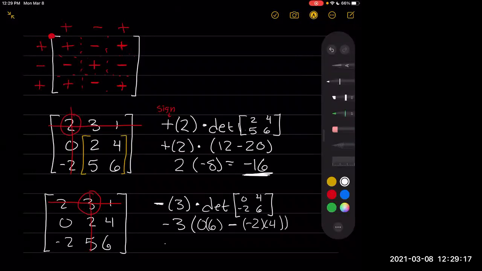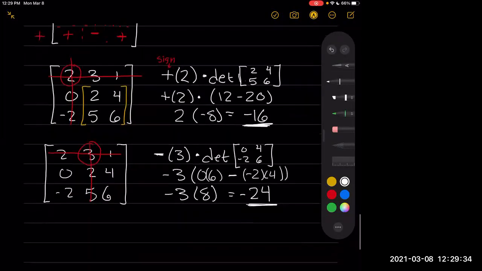So this is -3 times, this is going to become a +8, which equals -24. Okay, we're also going to remember this number.